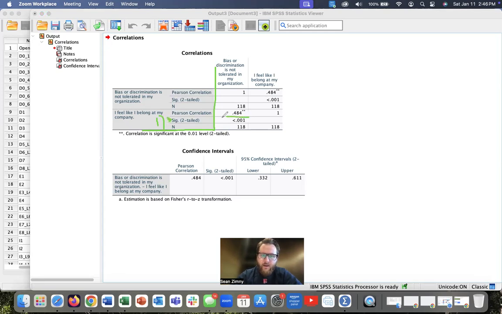You see it's less than 0.01. What does that mean? That means, and you'll see these little asterisks here under the Pearson correlation number, that it is statistically significant at the 0.01 level. Okay, so that's what you need to look at first. That's the first thing. Is that statistically significant? Yes, it is.